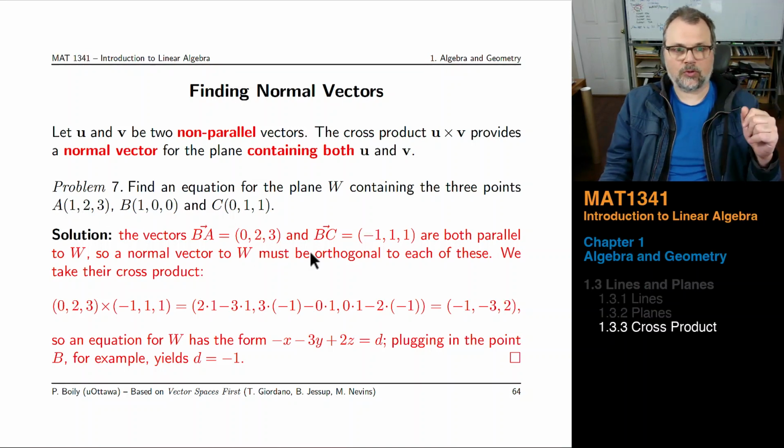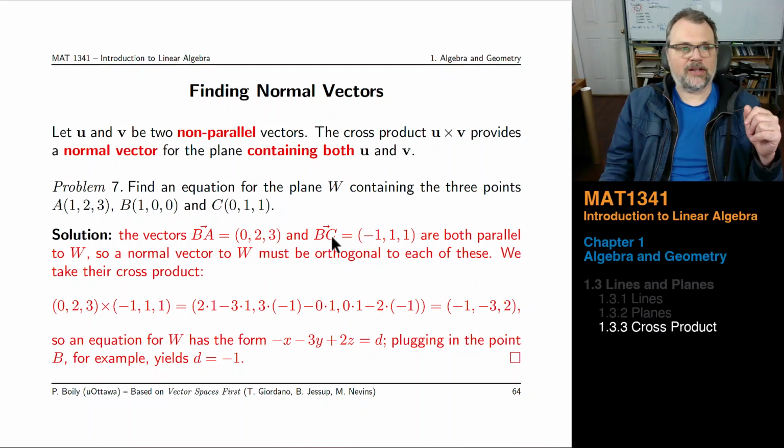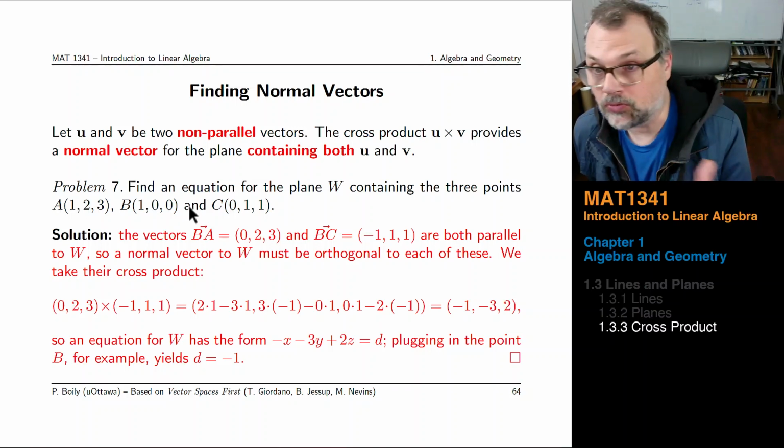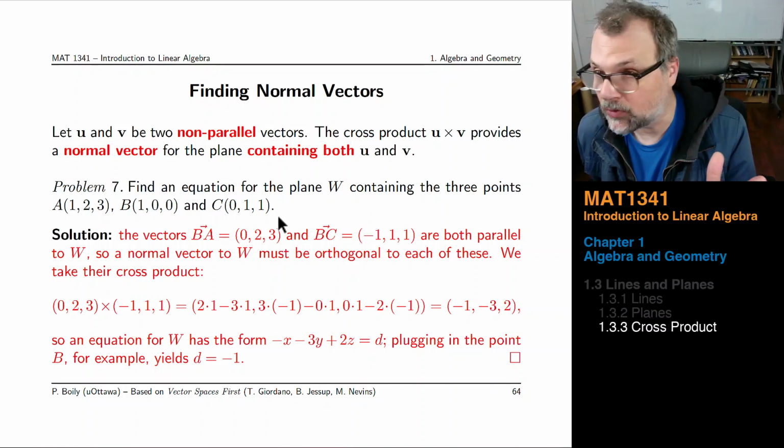It doesn't matter which one we use. And B minus C would get 0 minus 1, 1 minus 2, 1 minus 3. Oh, sorry, I apologize. I was subtracting C from A, although this would also have worked. It would have given us a new vector, but the cross product would have been parallel.